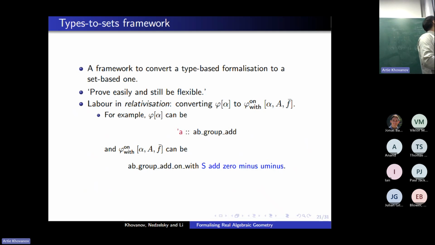In this framework, we need to convert this into an explicit encoding of this statement, where AS is the carrier set, and all these operators need to satisfy these assumptions. So this framework is about making things explicit.